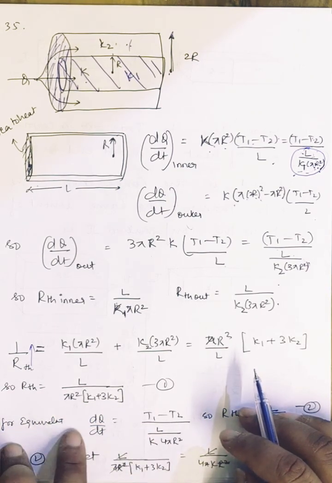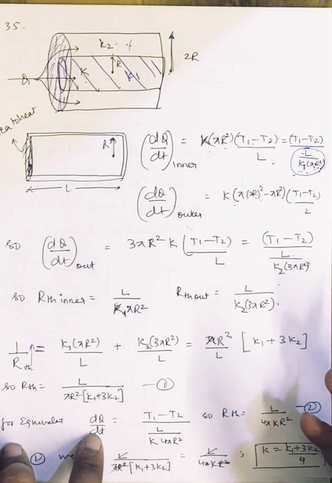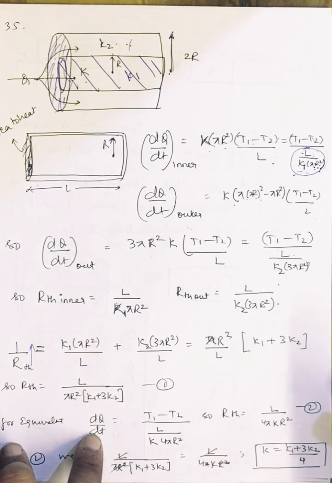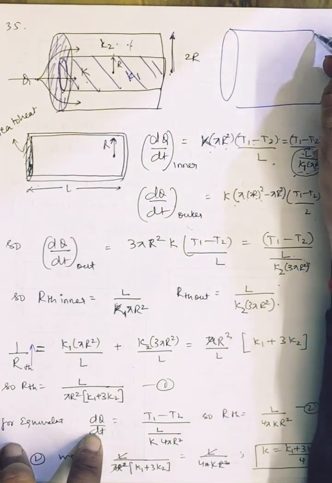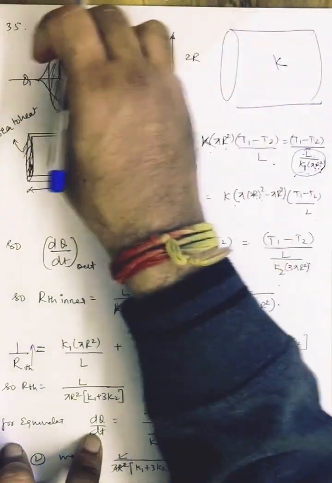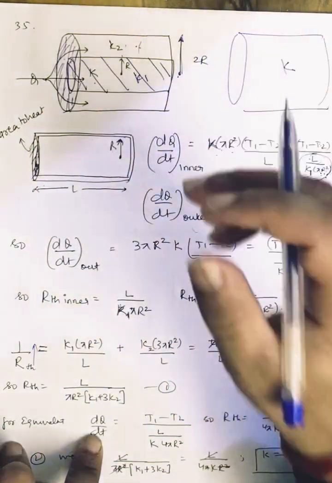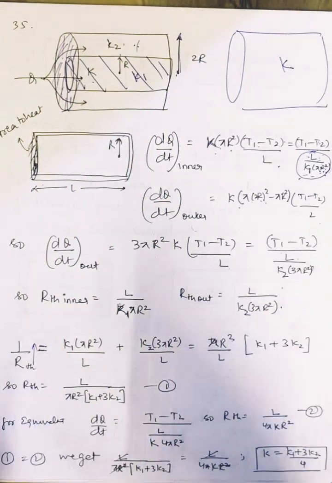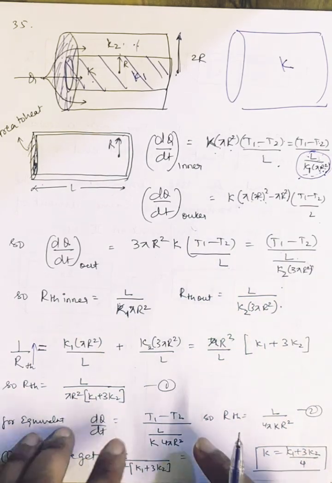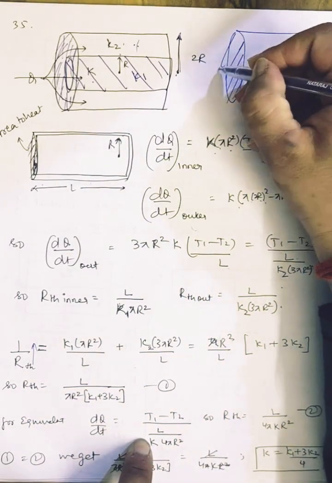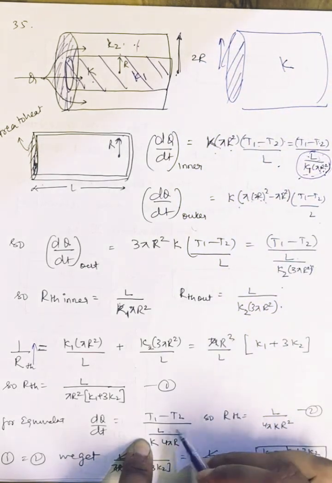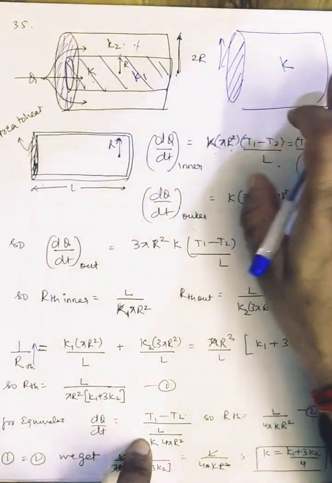Now for the equivalent, because I have to calculate the equivalent thermal conductivity: if I take a single cylinder, what should be the value of K so that it transfers the heat in the same time? That is the meaning of equivalent thermal conductivity. Now, if there is a cylinder of single K, it's a single K, then you have to take the radius as 2R. For that, you will write T1 minus T2 because temperature is not changed.